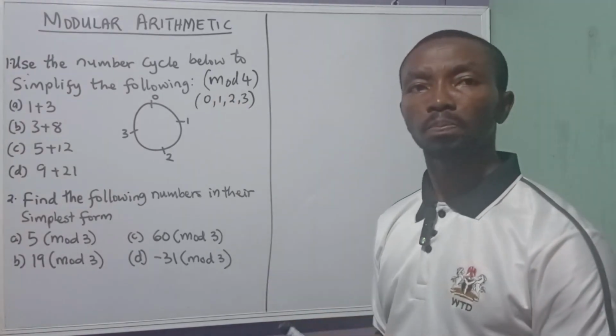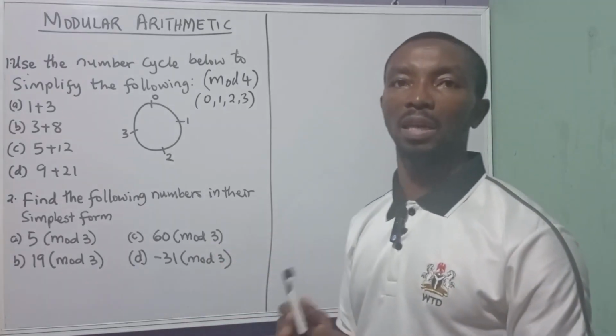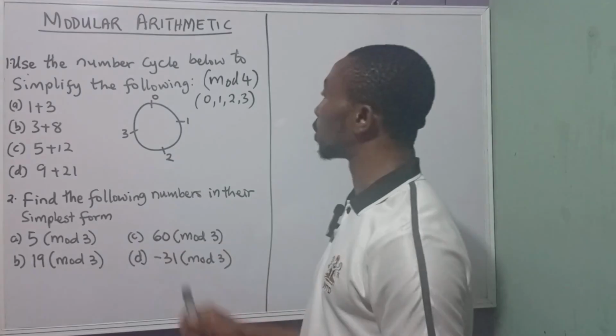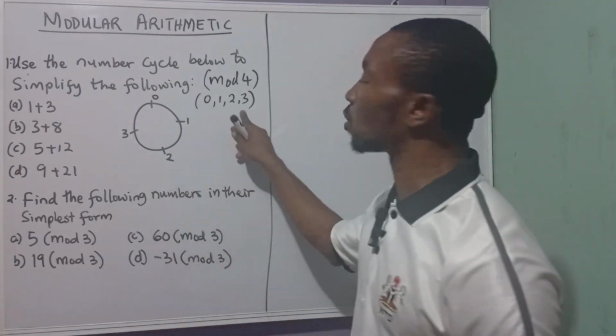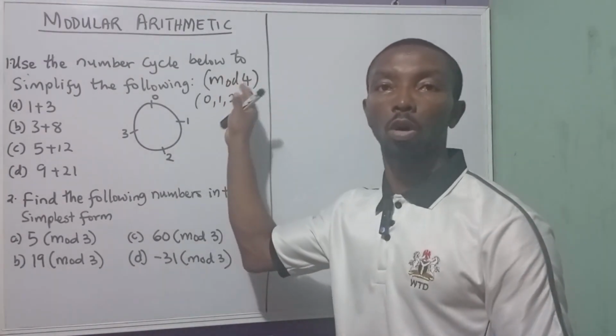Remember that your digits cannot be greater than the base you're working with. Same thing with modular arithmetic: the digits of a mode cannot be greater than the mode you're working in.